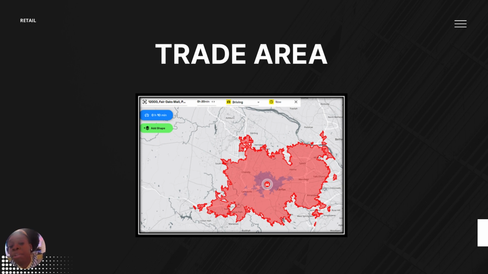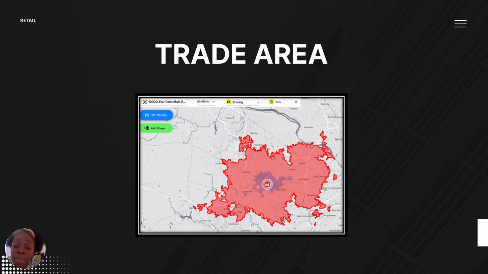But also we did use the methodology of the capture rate. The capture rate did consist of the actual nearby competitors. So we have the primary trade area for retail, which is outlined here in blue, within the red shade, and then outside the red shade is the 20-minute drive time.